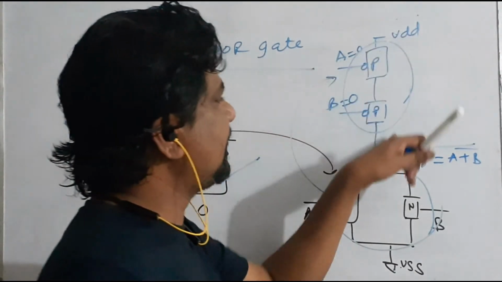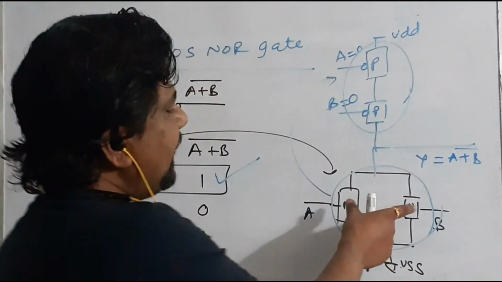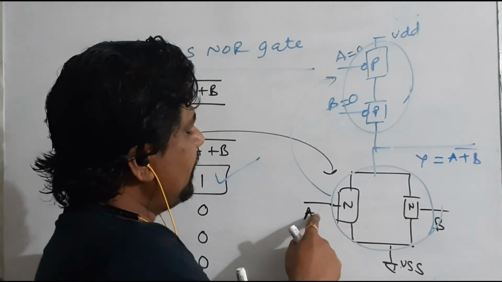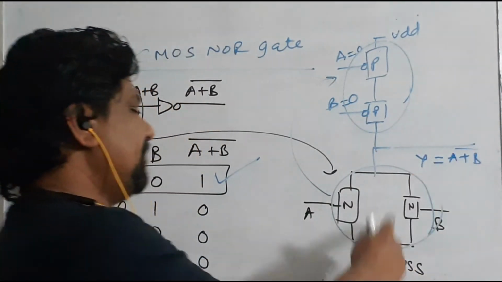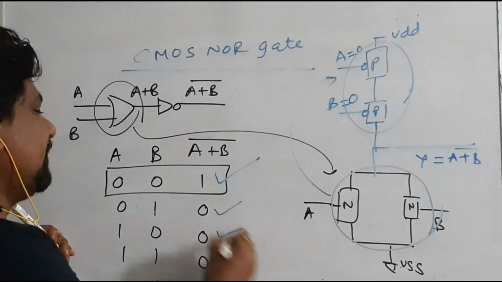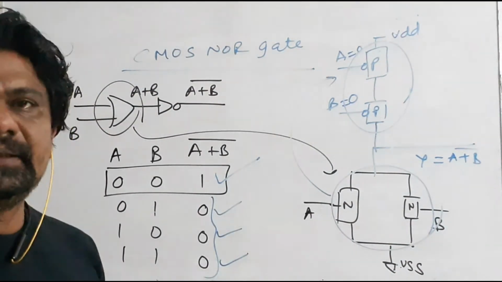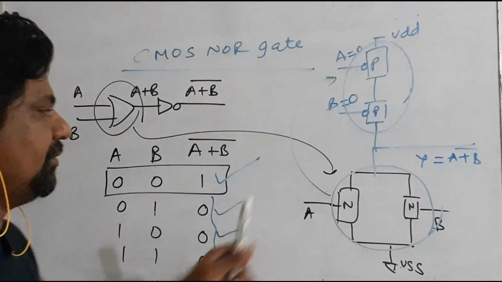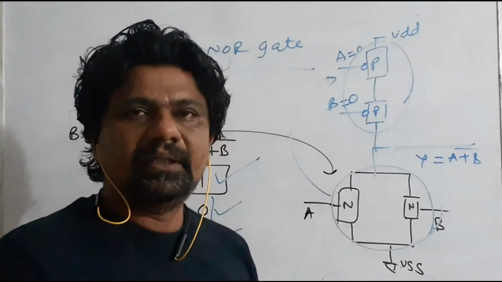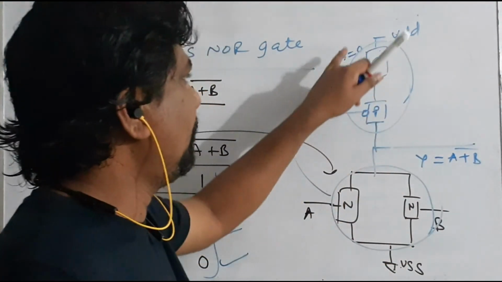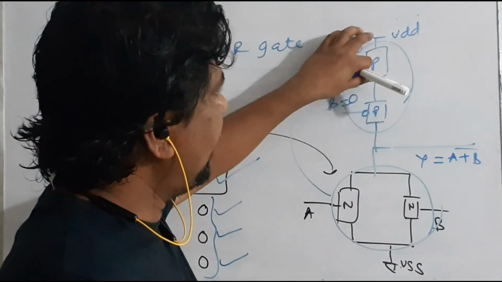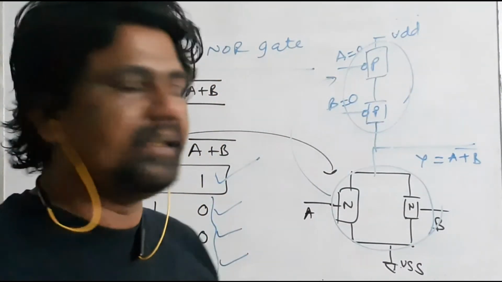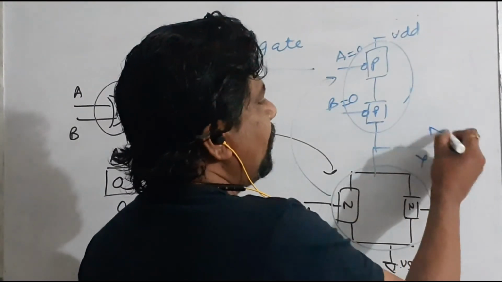Due to that, VDD is disconnected from this point, and as the NMOS are connected in parallel, with one of the inputs 1, that NMOS will turn on. So this will become VSS, which is nothing but 0. So all these three conditions will be met. Isn't it? Whenever one of the inputs is equal to 1, one switch will turn on. Here, whenever both inputs are 0, then only this series section will be active and VDD will pass here. So this is nothing but a 2-input NOR.